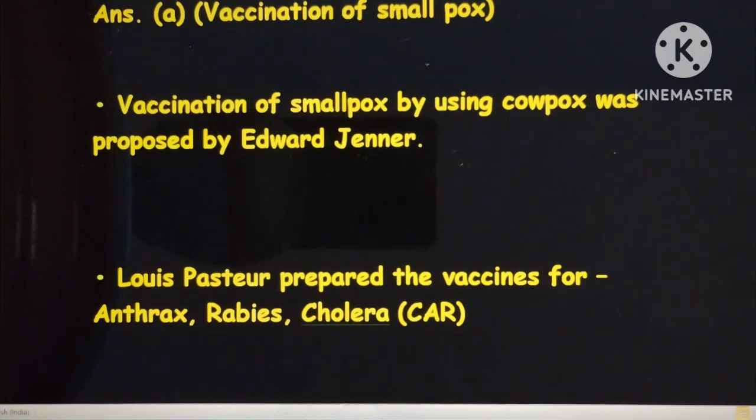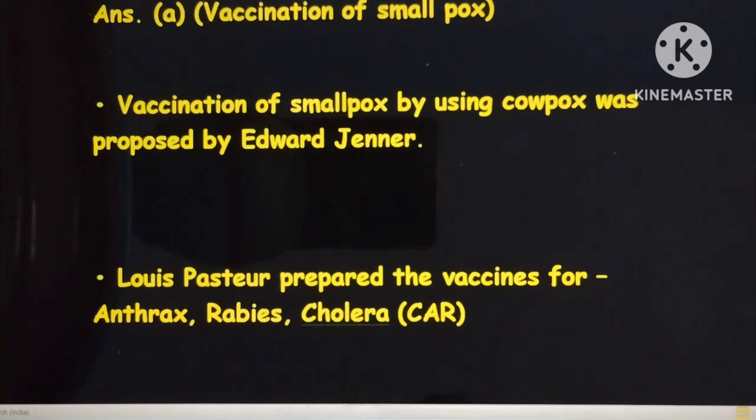And 2 is the theories. He disproved the spontaneous generation of disease, and he approved the germ theory of disease. What he is saying is that disease is not produced by any vapor or air. It is produced by a microorganism, that is the germ theory.